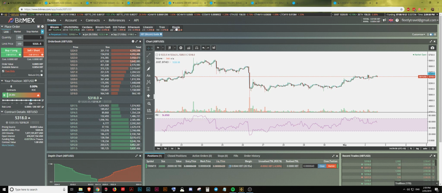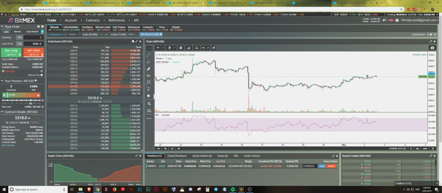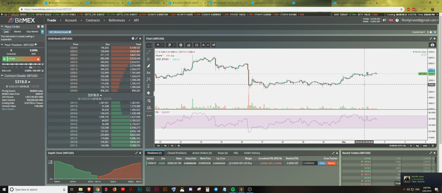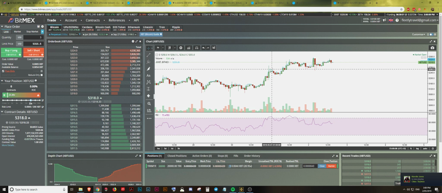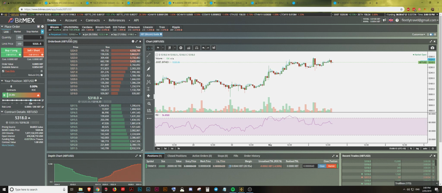Be aware, as a beginner, Bitcoin has high liquidity. What does that mean? That means that there are a lot of orders. They're always getting processed. This is recent trades down here. They're always happening, and you're more likely to get filled. And the market, you want high liquidity because, see this blue line here? That's the underlying market. On Bitmex, you're trading Bitcoin, but you don't actually trade Bitcoin.